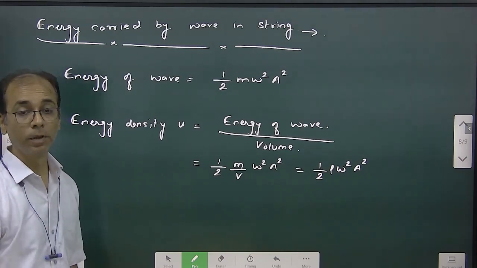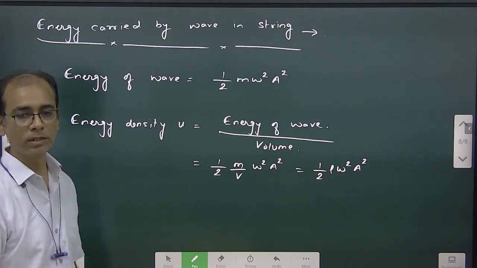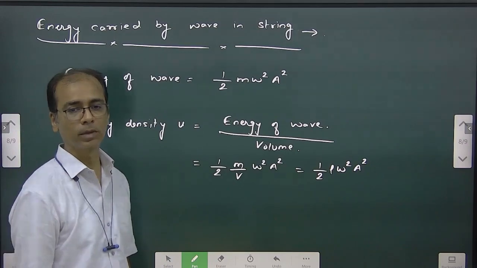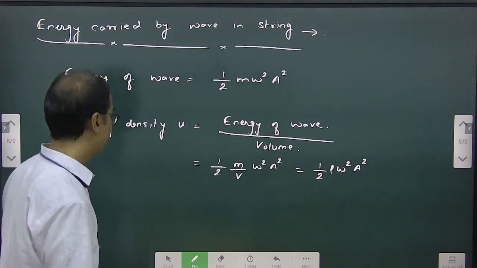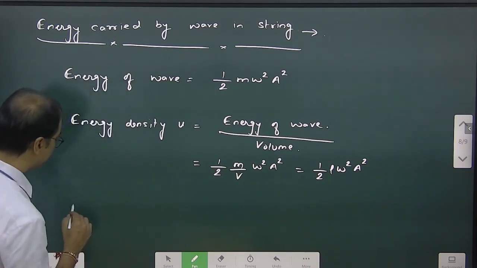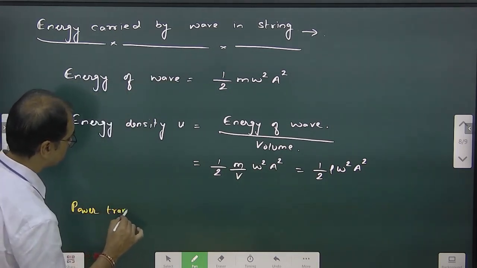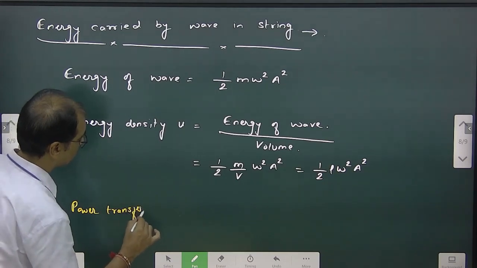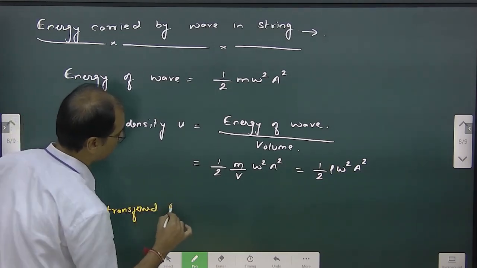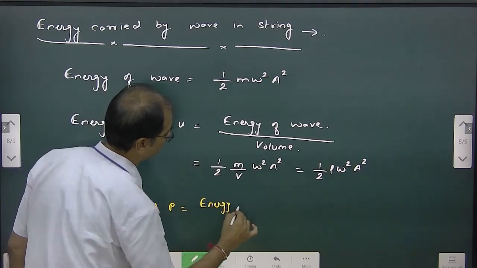Then we'll talk about power. Power transfer means what? Energy per unit time. So power P is energy transferred per unit time.